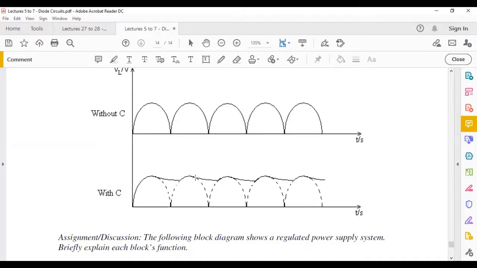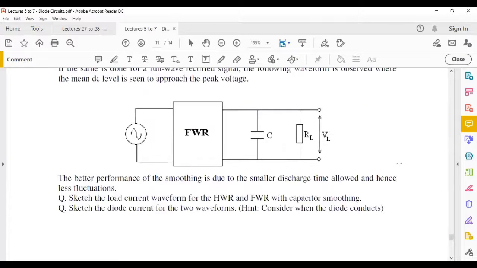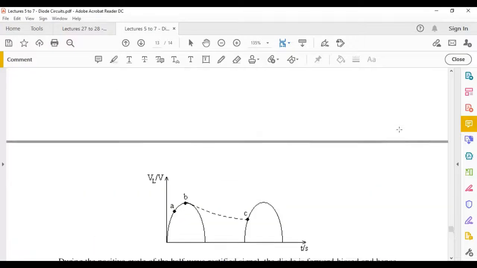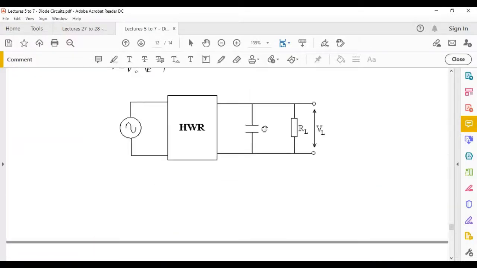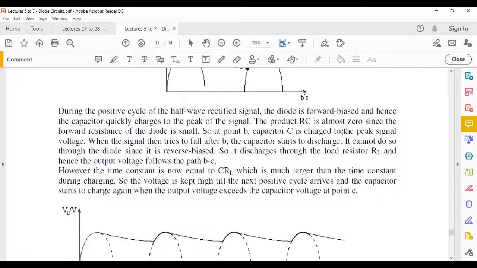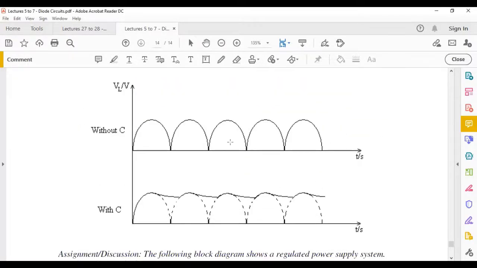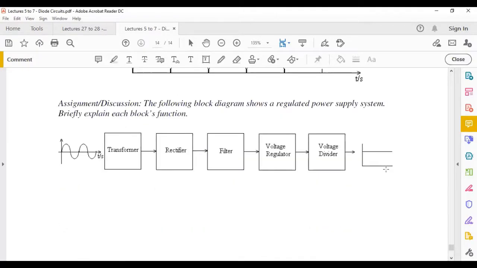So it's going to be less rough, or smoother, so you can smooth the signal better. In a way, this means that if you have a half rectifier, you would need a bigger capacitor here, because the capacitor needs to store lots of charge so that it can provide the voltage for a longer amount of time. Whereas in a full rectifier, since all your half cycles are maintained, your capacitor doesn't need to be that large.